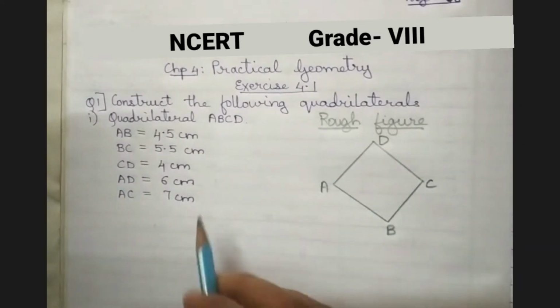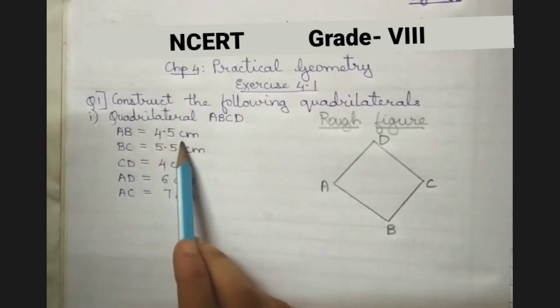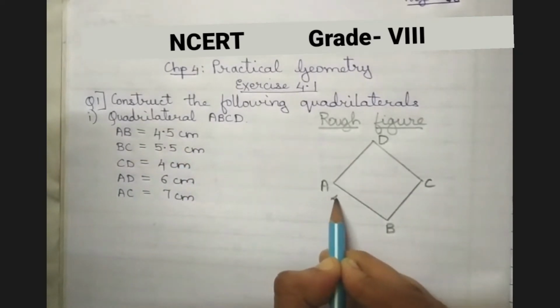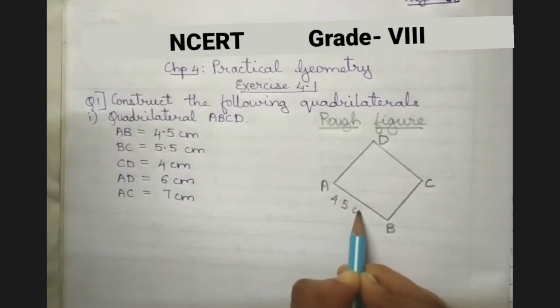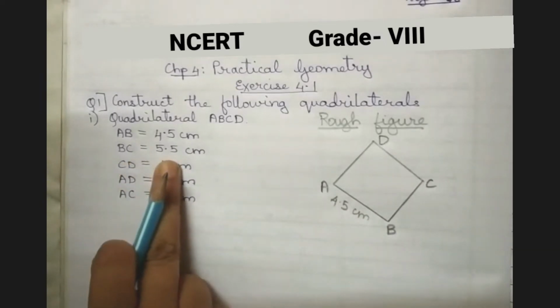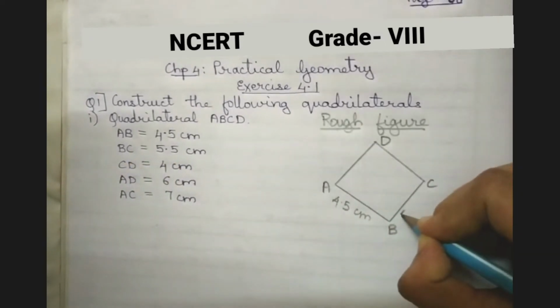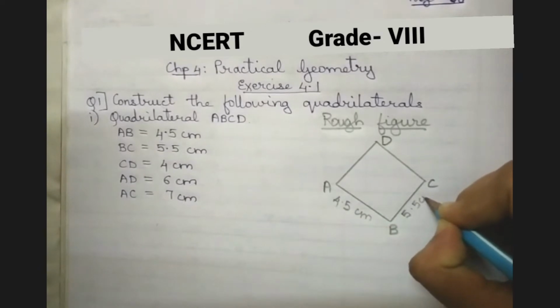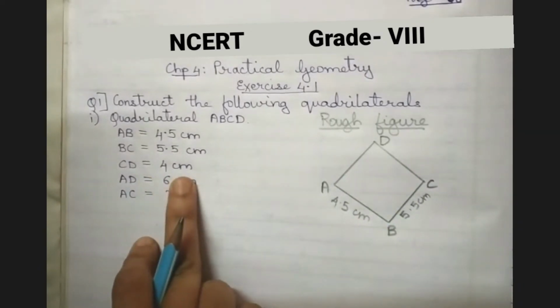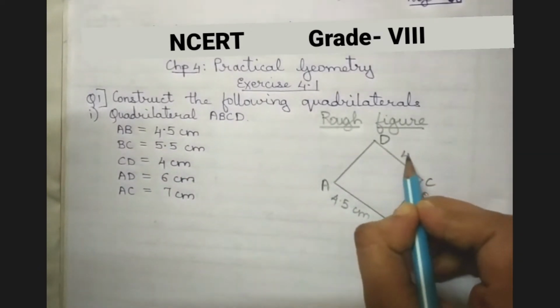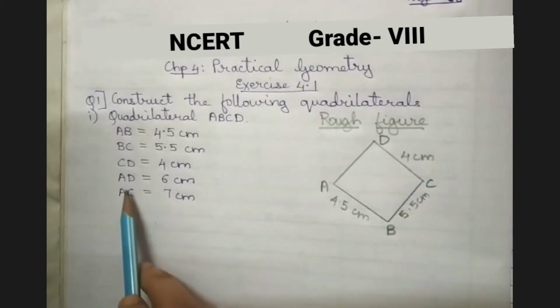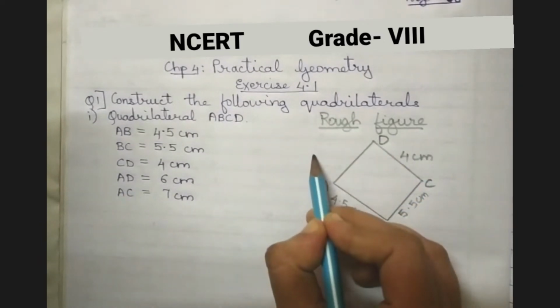Now let us write all the measurements. AB is 4.5 centimeter. BC is 5.5 centimeter. CD is 4 centimeter. And AD is 6 centimeter.